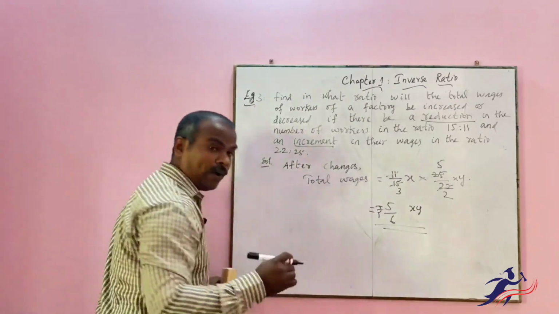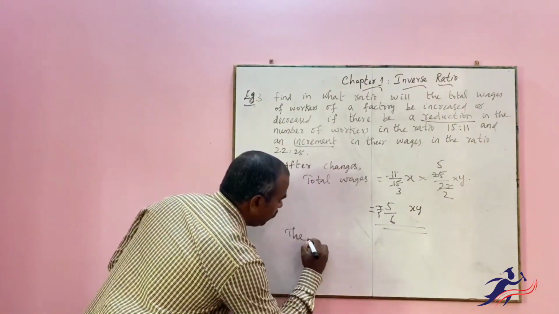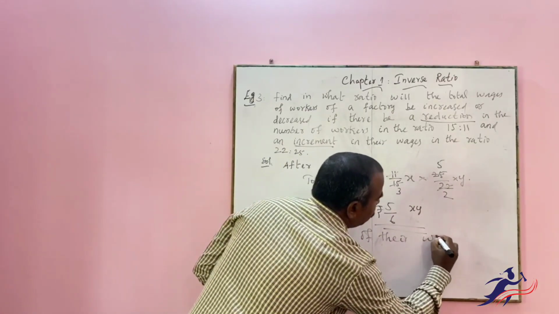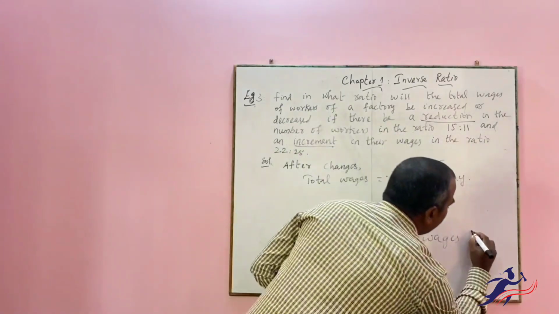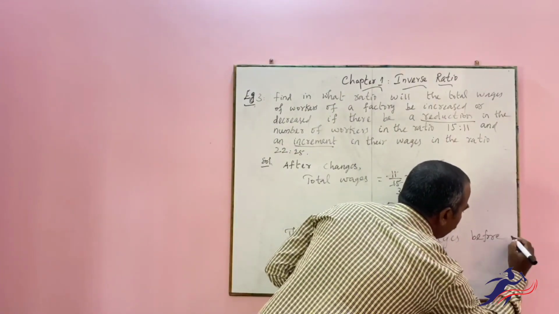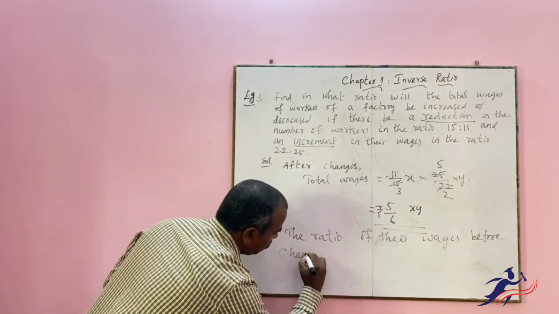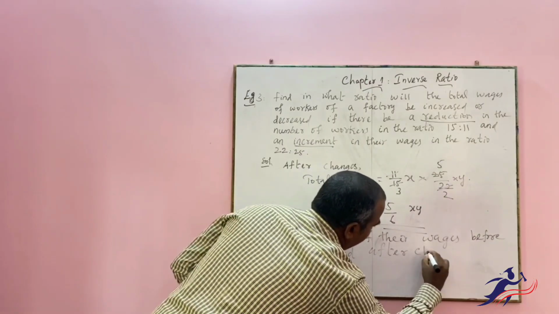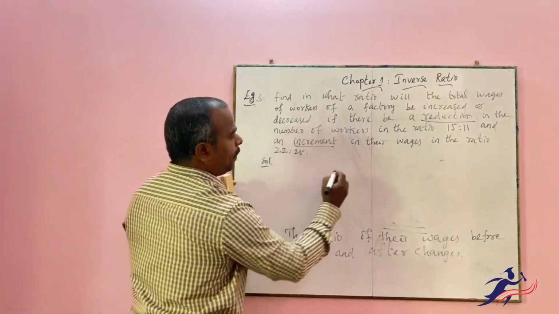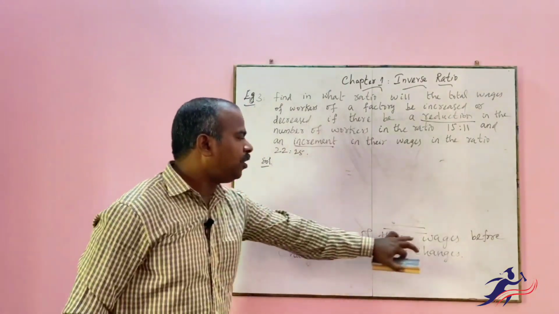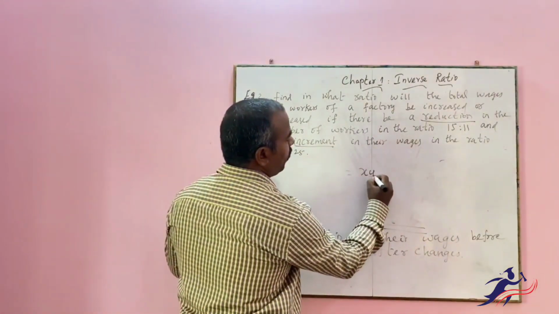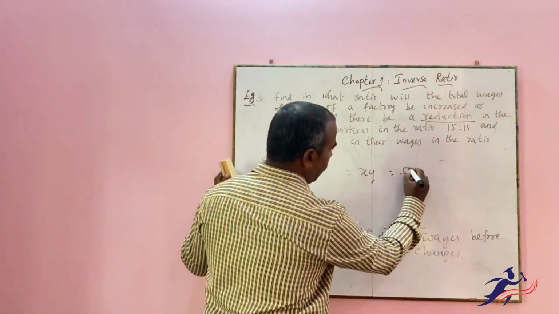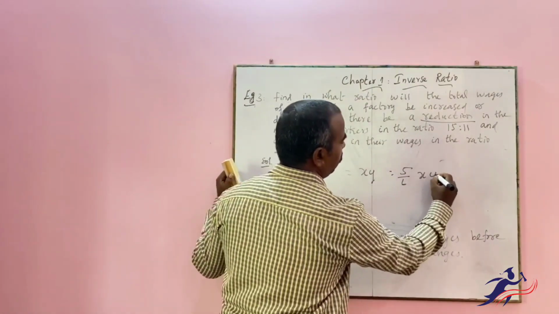That is, we are going to find out the ratio of their wages before changes and after changes. That is equal to, before changes the total wages xy is to, after changes, 5 by 6 xy.